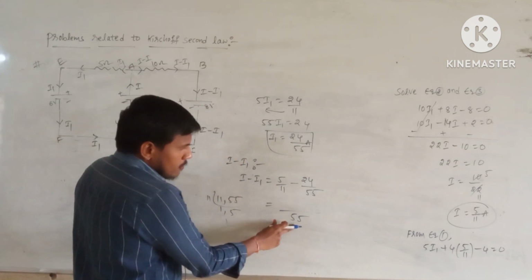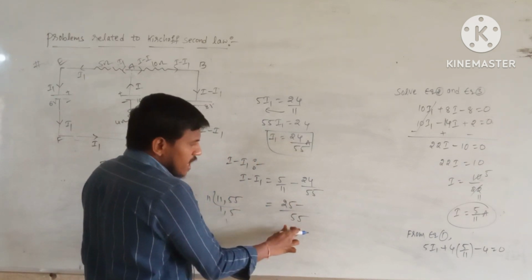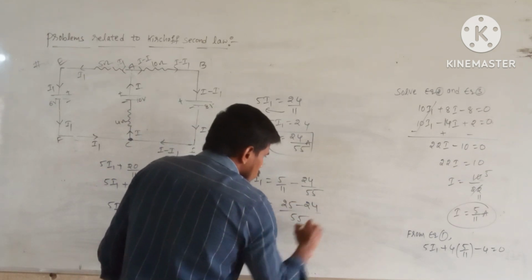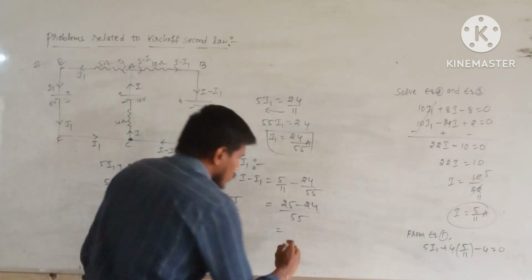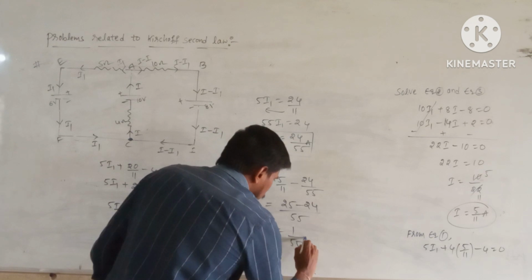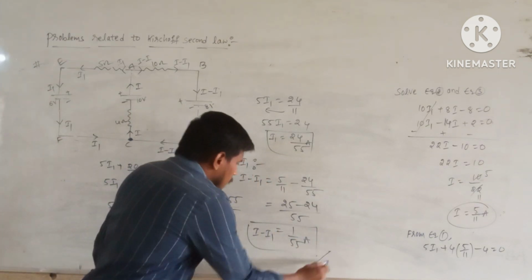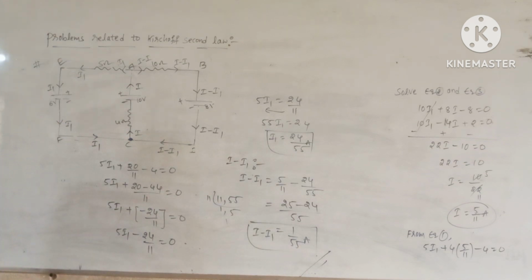So 11 5s are 55, 5 5s are 25, minus 24. 25 minus 24, 1 by 55. So what is I minus I1? 1 by 55. So this much current should pass through the 10 ohm resistance.